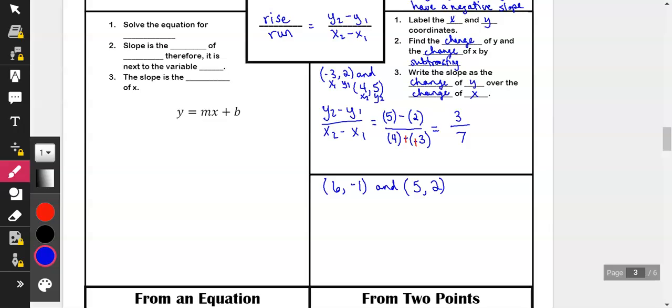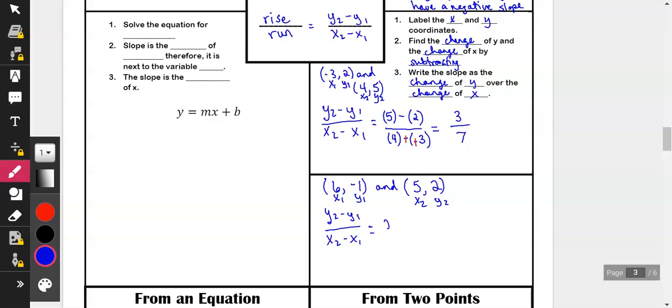So we have these 2 points. Again, I'm still using my formula y2 minus y1 over x2 minus x1. The first thing we're going to do is label our x's and our y's. We're going to substitute these in once we've labeled the first point and the second point.